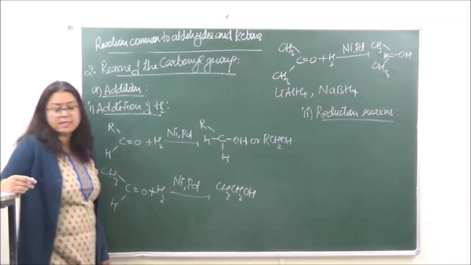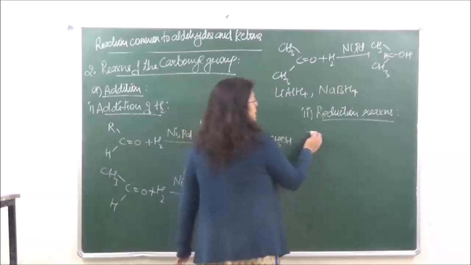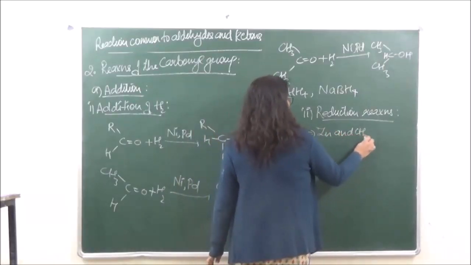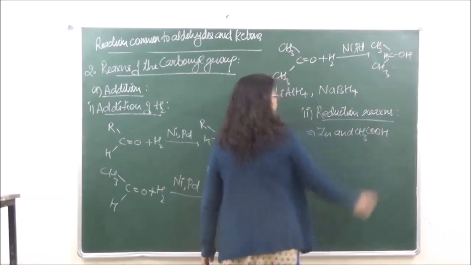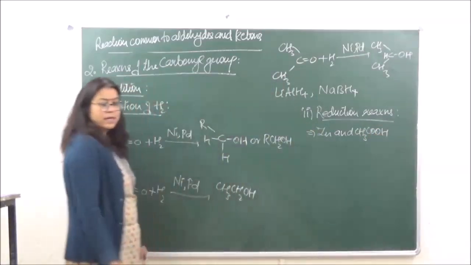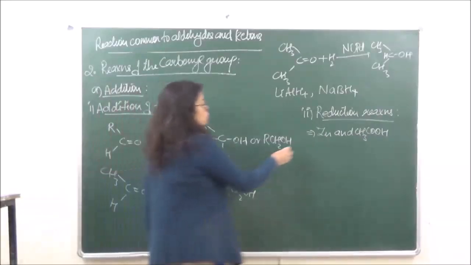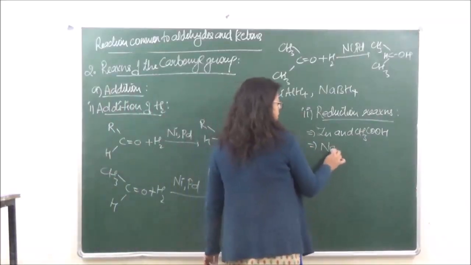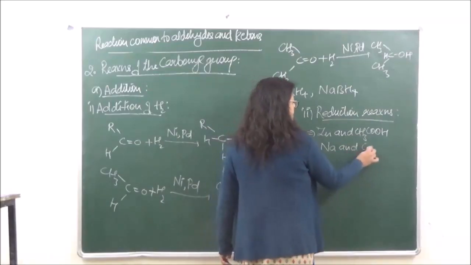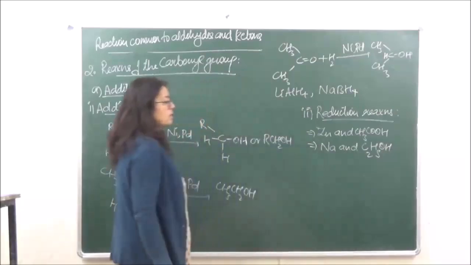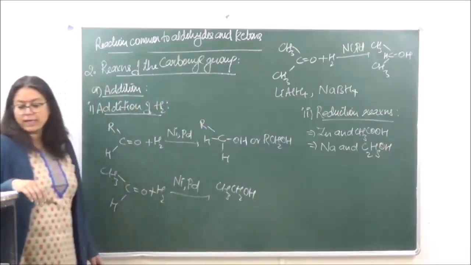It may be zinc and acetic acid. Okay? This can be used as a reducing agent. We can use sodium and ethyl alcohol. Sodium and ethyl alcohol can be used.